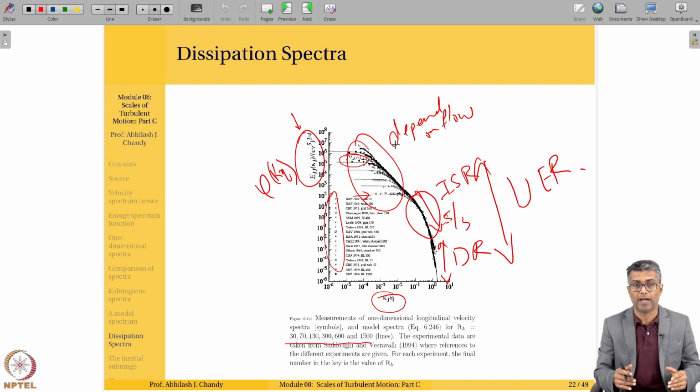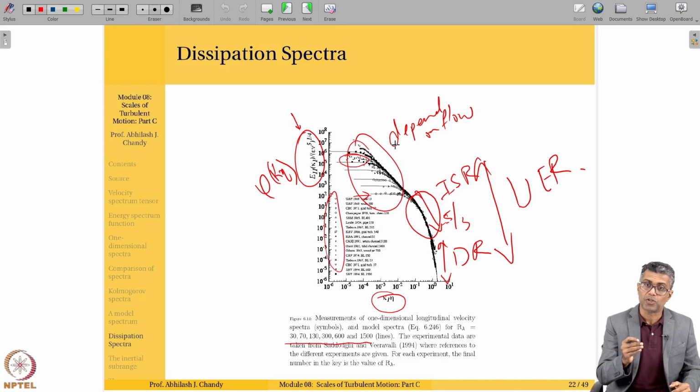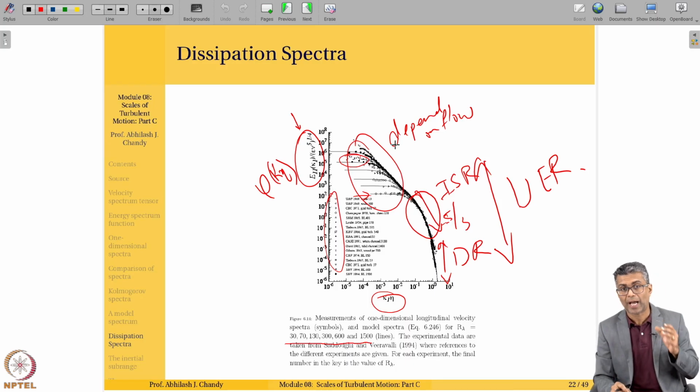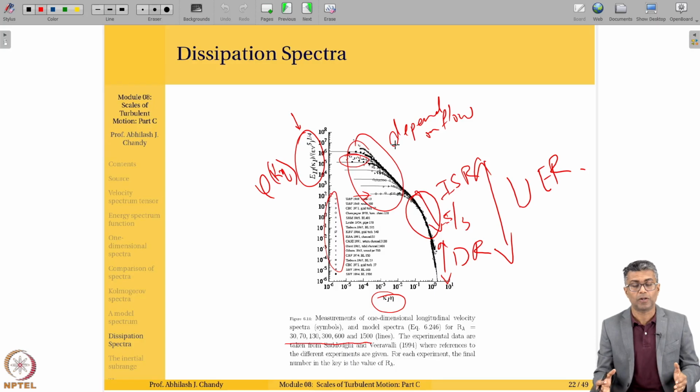Because the universal equilibrium range only depends on epsilon and nu, you would think that if you scale it with the expression that makes the energy spectrum non-dimensional, then the universal equilibrium range will actually look universal in the energy spectra. All the spectra will in fact overlap, and that is essentially what we are seeing here, right?